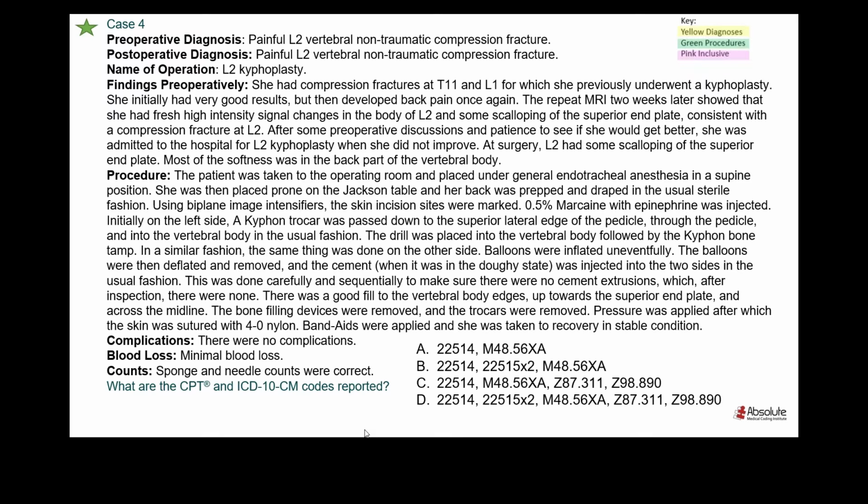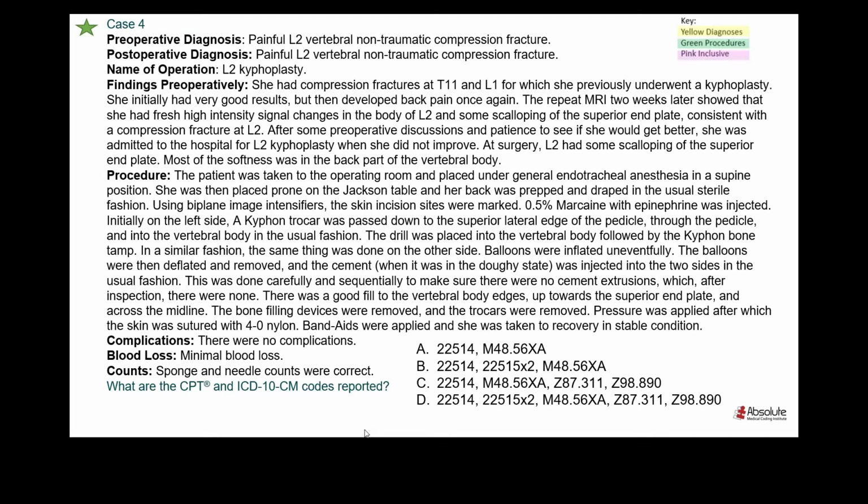After some preoperative discussion and conservative treatment to see if she would get better, she was admitted to the hospital for L2 kyphoplasty, when she did not improve. At surgery, L2 has some scalloping of the superior end plates. Most of the softness was in the back part of the vertebral body. Procedure: the patient was taken to the operating room and placed under general endotracheal anesthesia in a supine position.